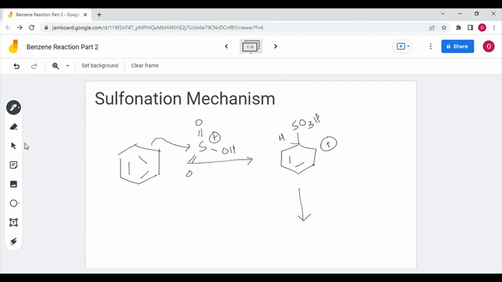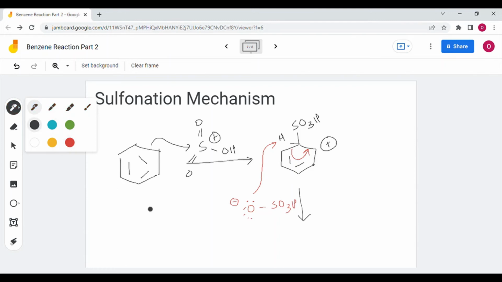So what we know from the previous slide is that OSO3H is going to be the one that does the deprotonation. So if we have OSO3H, what ends up happening is that this oxygen is going to deprotonate this hydrogen, and this electron is going to reform aromaticity.